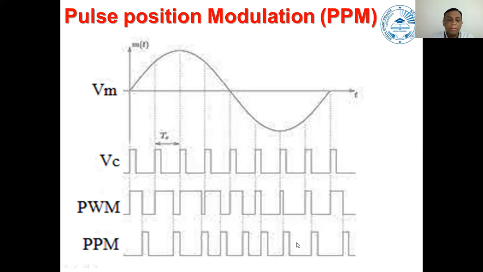This type of modulation we call pulse position modulation. So I can define pulse position modulation as a type of modulation technique in which the position of the pulses is varied with respect to the modulating signal, keeping the amplitude and width constant.